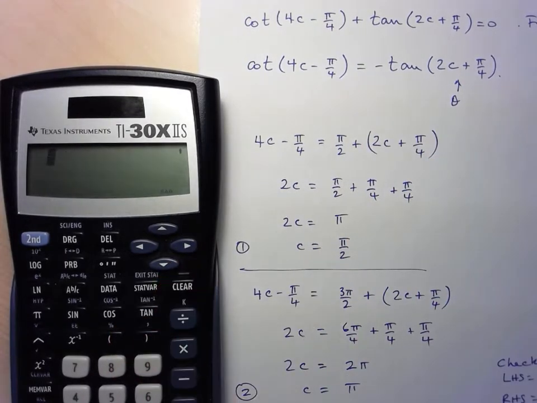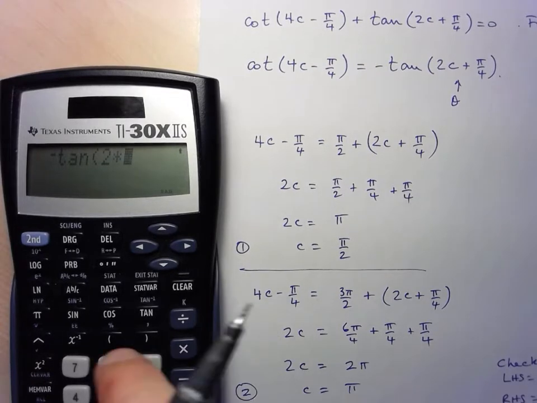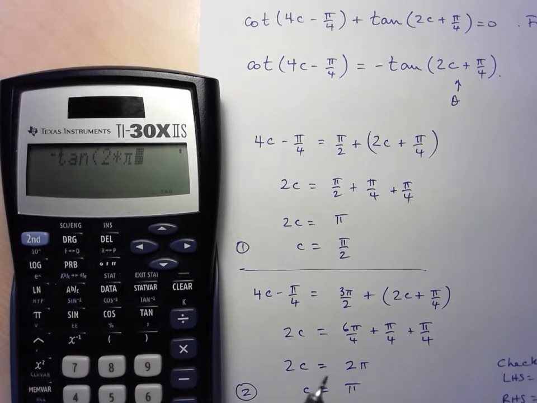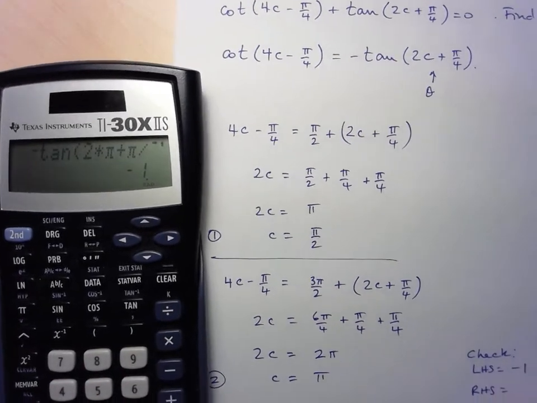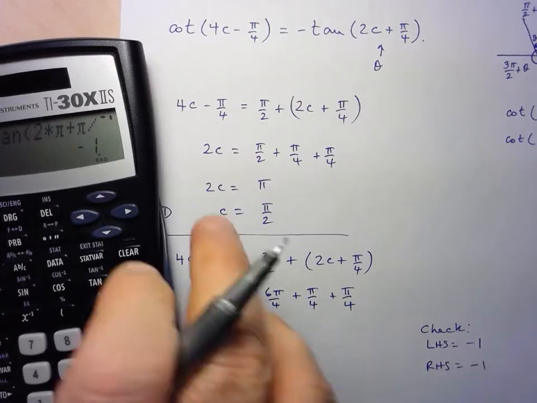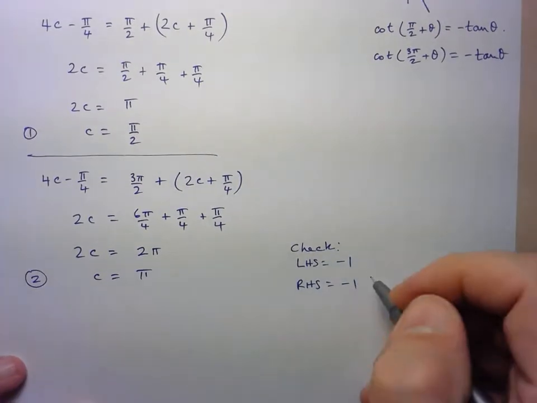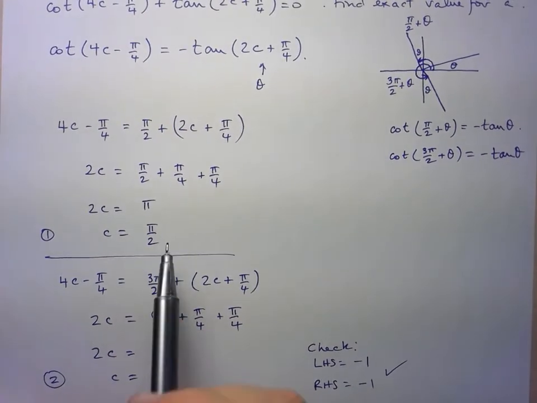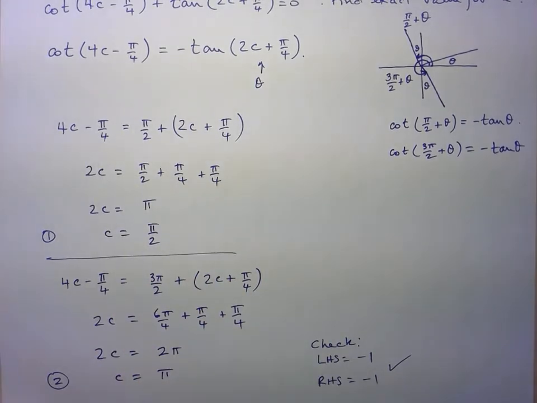So our right-hand side is negative tangent of 2 times pi, and this time it's plus pi over 4. Okay, and what do we get? Lo and behold, -1. And again, I could do the same thing with the pi over 2, and I should get the left-hand and right-hand side being equal.